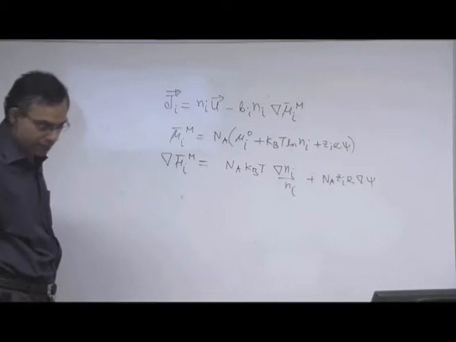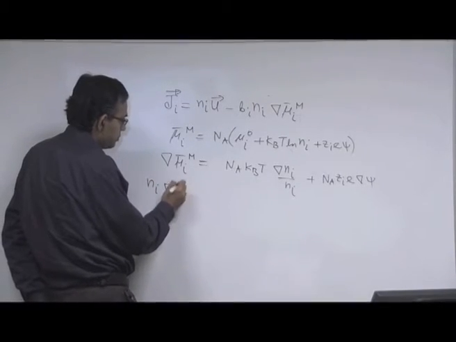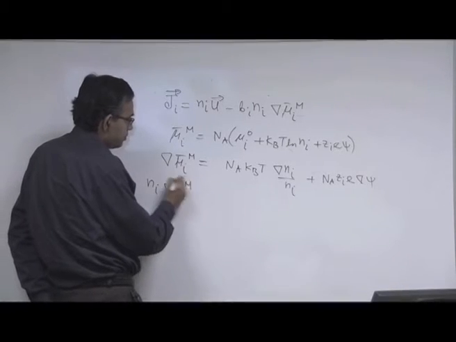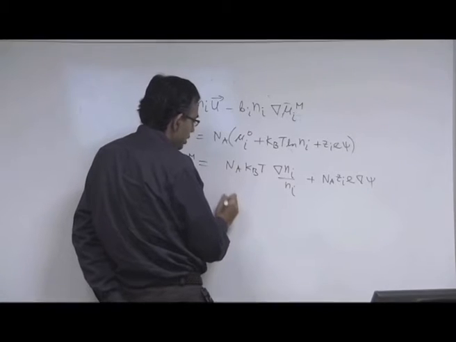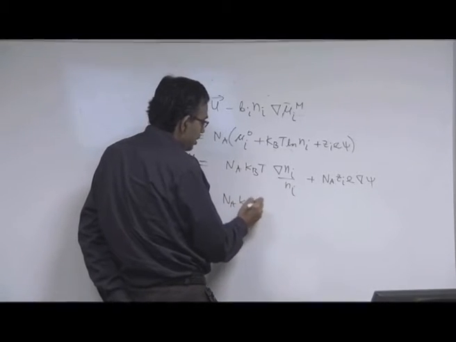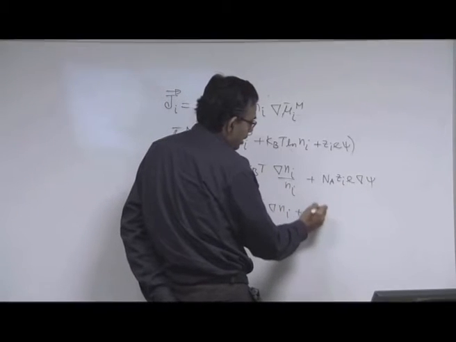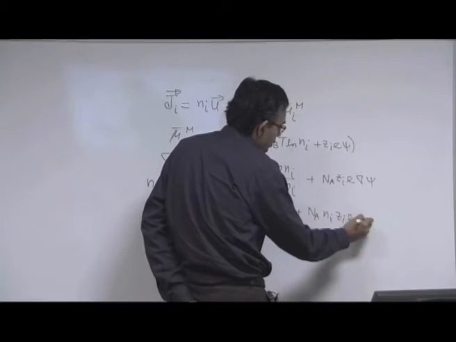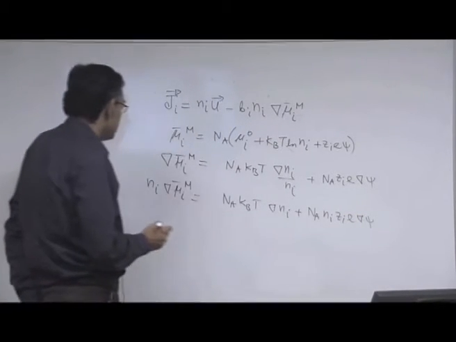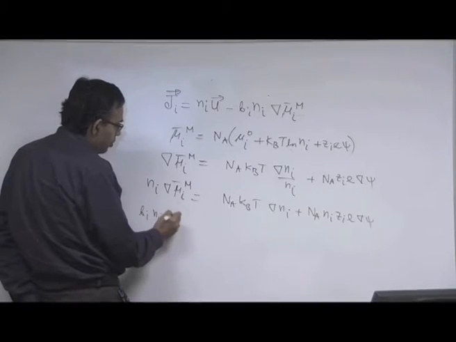Bi Ni grad mu i m: one Ni gets cancelled, Na kB T grad Ni plus Na Ni Zi E grad psi. What is Bi?